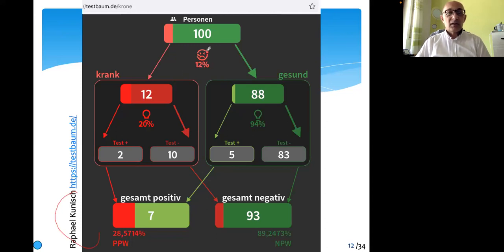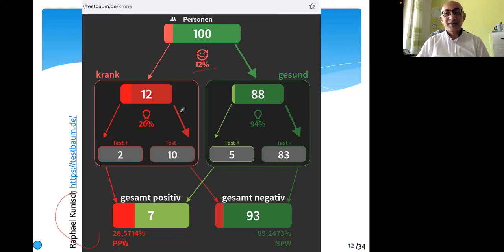So here in this Test Baum web page, you enter the prevalence of the disease. It is around 12%, let's say, the prevalence of prostate cancer in elderly people. So if I have a population of 100 people, I expect that 12% of them, that means 12 of the 100, should be sick and 88 should be healthy.